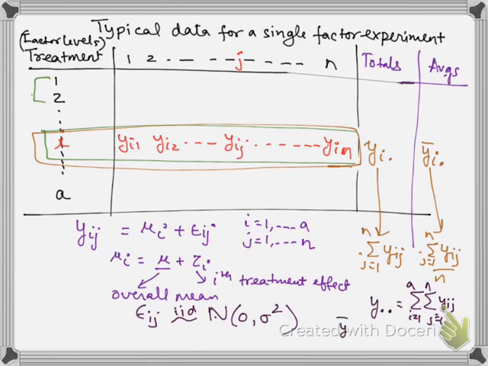So y bar dot dot is equal to y dot dot divided by A times n, which is the total sample size, and we can denote it by uppercase N. The null hypothesis that we are testing is that mu1 is equal to mu2 is equal to mu A, and the alternate is that at least one pair is different.